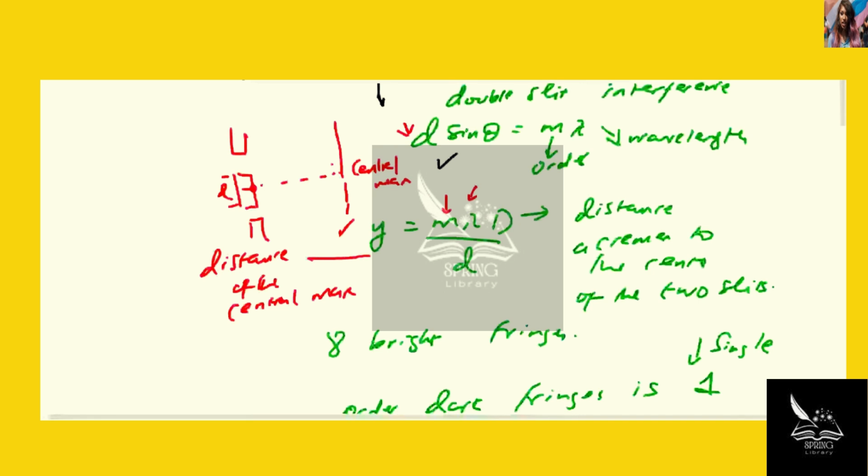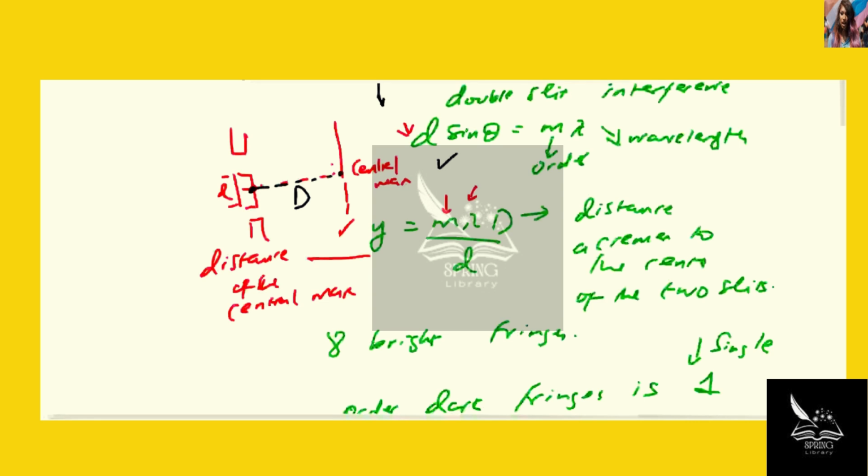So we're getting comfortable with the requirements of the problem, and now we have two equations. We have the initial equation, d sine theta equals m lambda. And so this capital D, this one right here, is the distance from the center of the interference up until the gap.